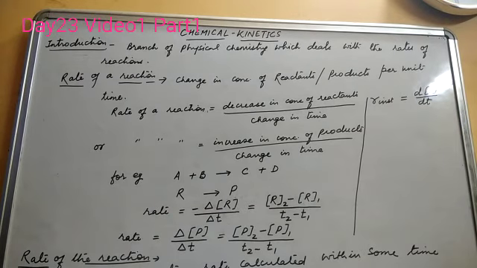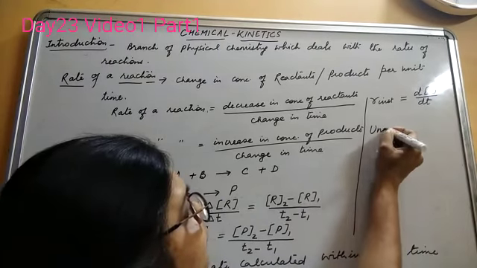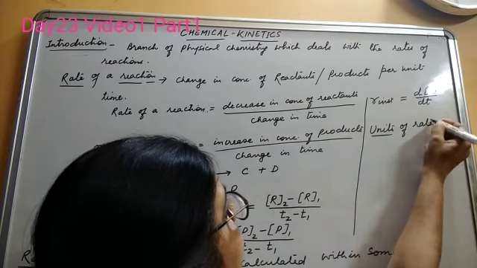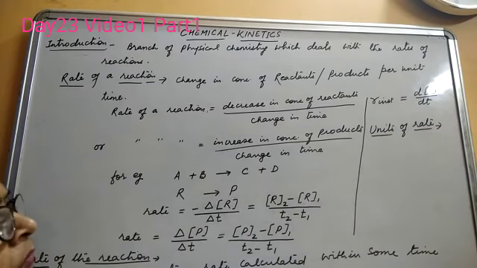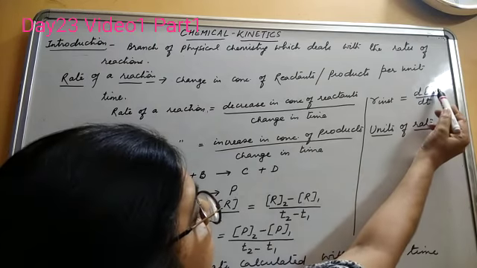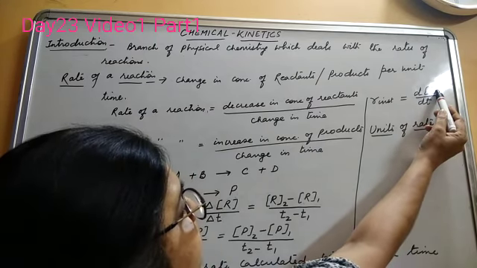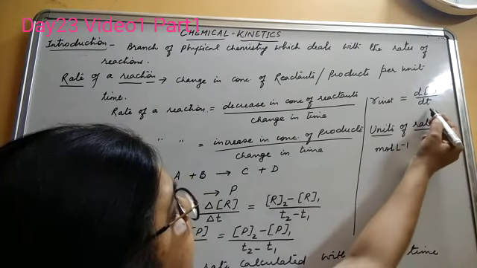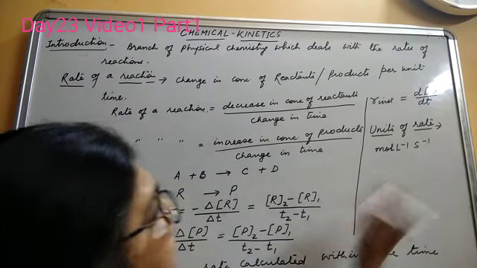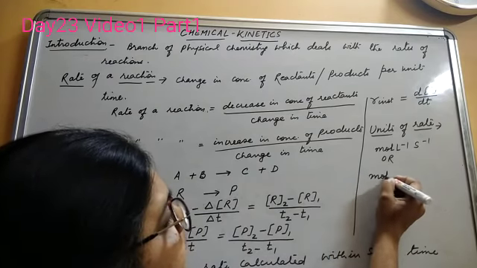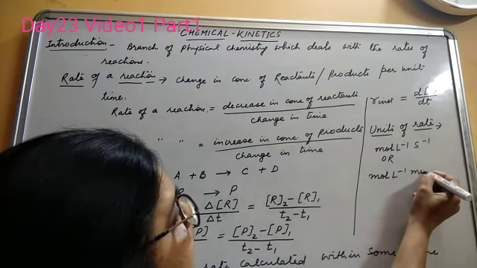They can be calculated by graphical method also. But before that, units of rate. If we have taken reactant concentration or product concentration, we can write mole per liter, and time is per second, or mole per liter per minute, or per hour.